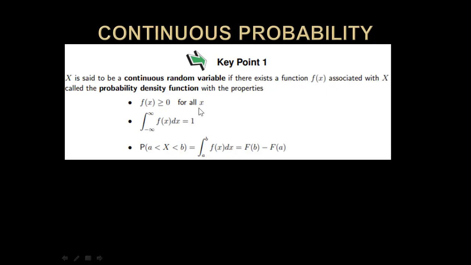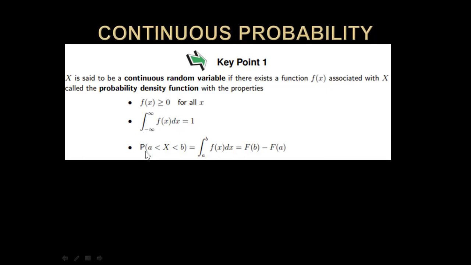Now, if we're going to express this in calculus, the integral of f of x dx, we're going to set our limits from negative infinity up to its upper limit, infinity. These quantities must be equal to 1. All the summation of values of probability must be equal to 1.